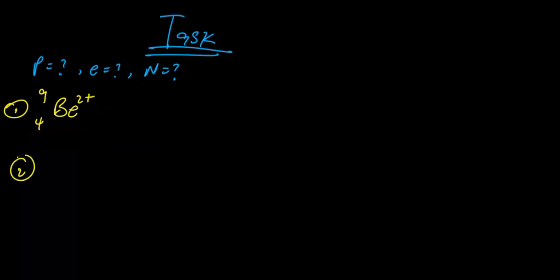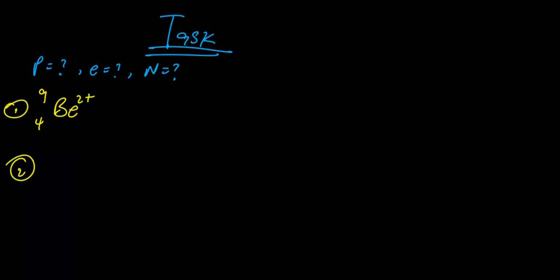Now you can take this task. Your task is very simple. I can comment the answer. Can you tell me the number of protons, the number of electrons, and number of neutrons in the following species? The first one is this.